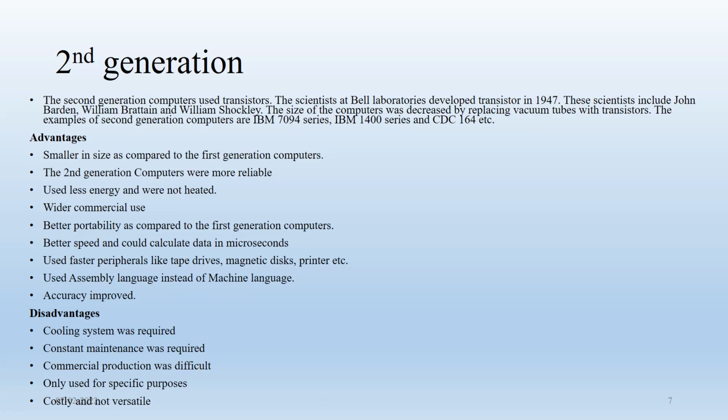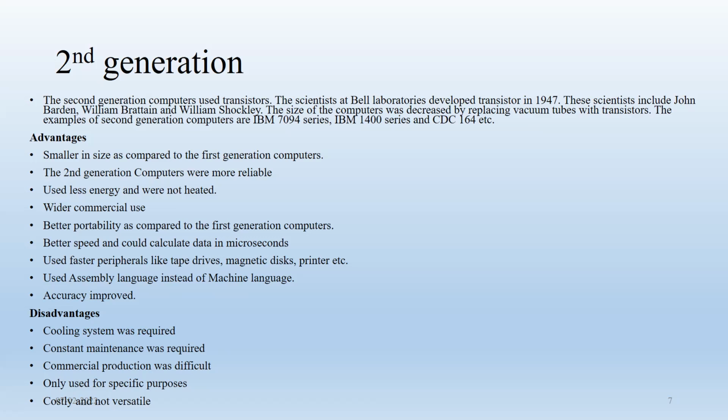Used faster peripherals like tape drives, magnetic disks, and printers. Second generation allows peripherals; we can attach the computer to peripheral devices. Used assembly language instead of machine language. First generation computers were based on machine language, which understands 0 or 1, binary basically.